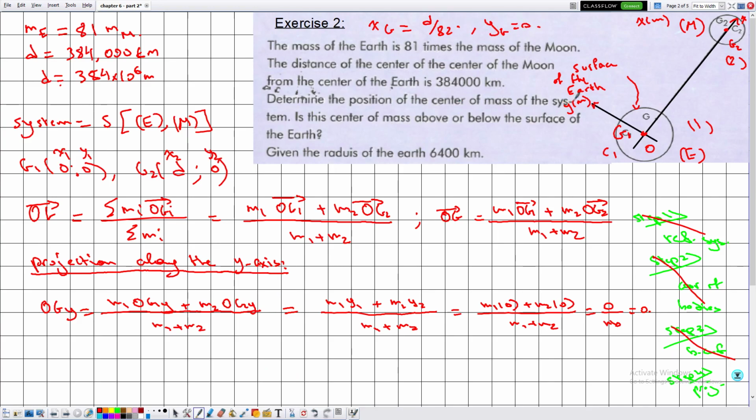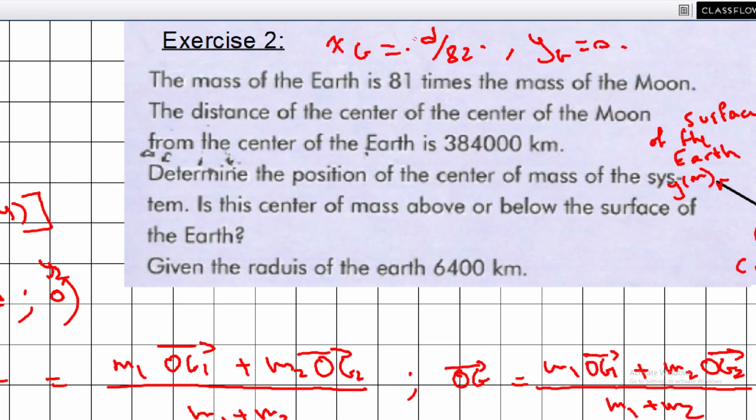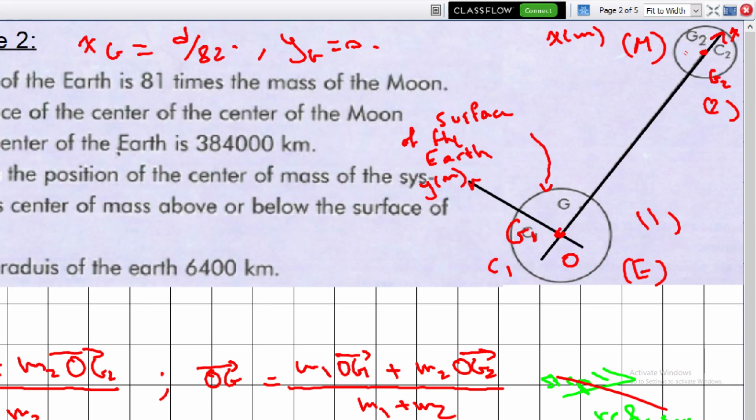Now yet we didn't answer the question. We have determined the position of the center of mass. They are asking, is this center of mass above or below the surface of the Earth? So the center of mass G is somewhere here between G1 and G2 at a distance D divided by 82. But notice that we are measuring this distance with respect to the origin.